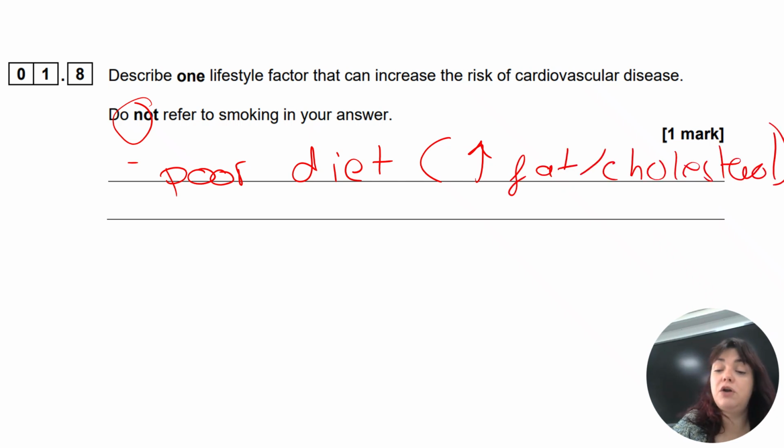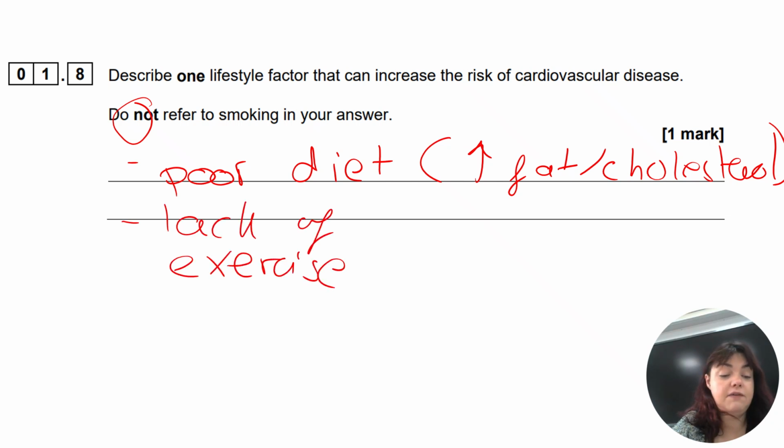All right, and then another one could be lack of exercise, which is pretty self-explanatory, I think. You could also have things like high alcohol intake, or you could say such things as having a stressful job. Okay, those are kind of things as well.